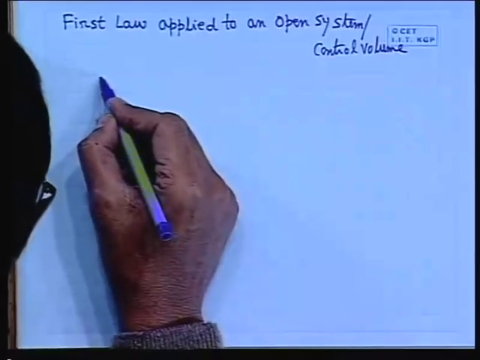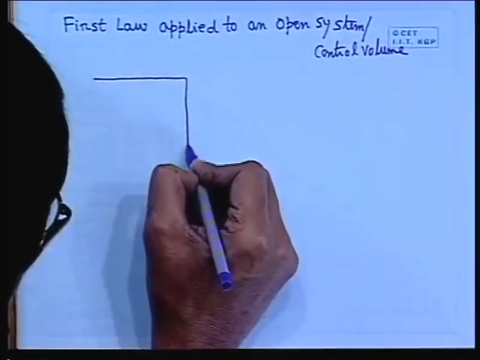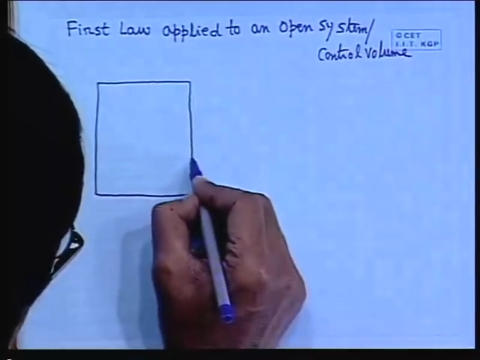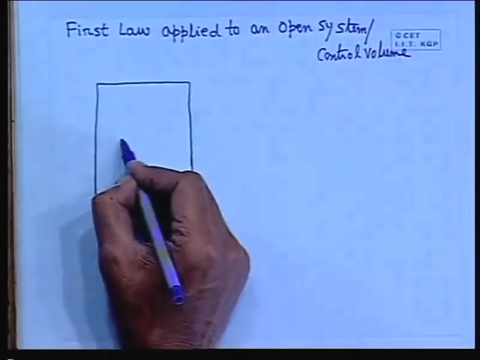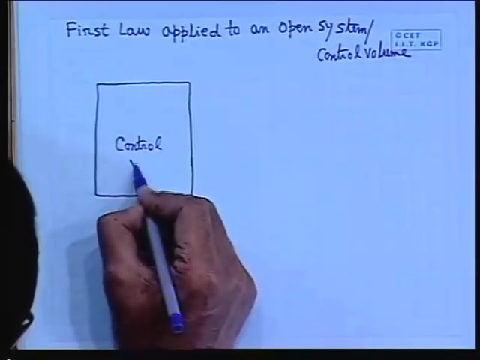Now let us do this. Let us define a control volume like this. We are not much interested in what happens exactly within that. We are only recognizing this as control volume.